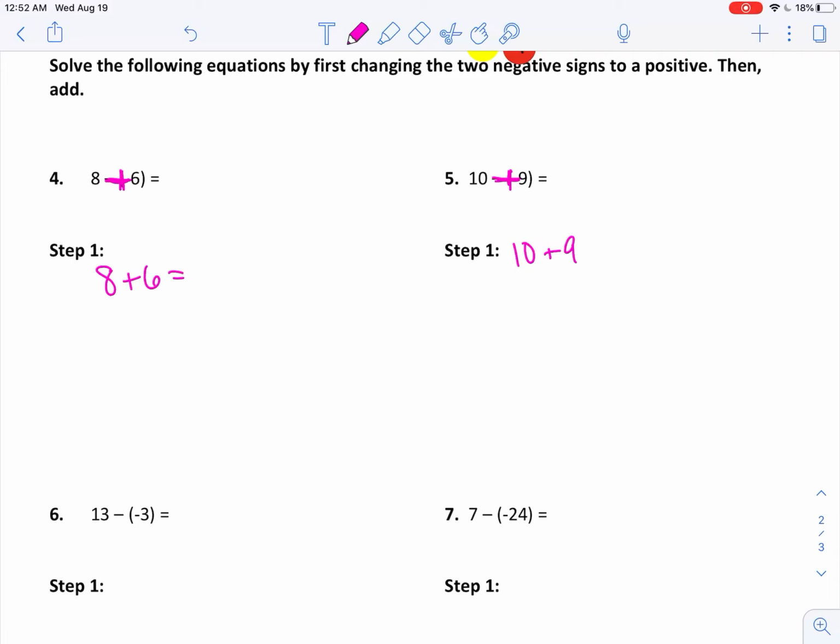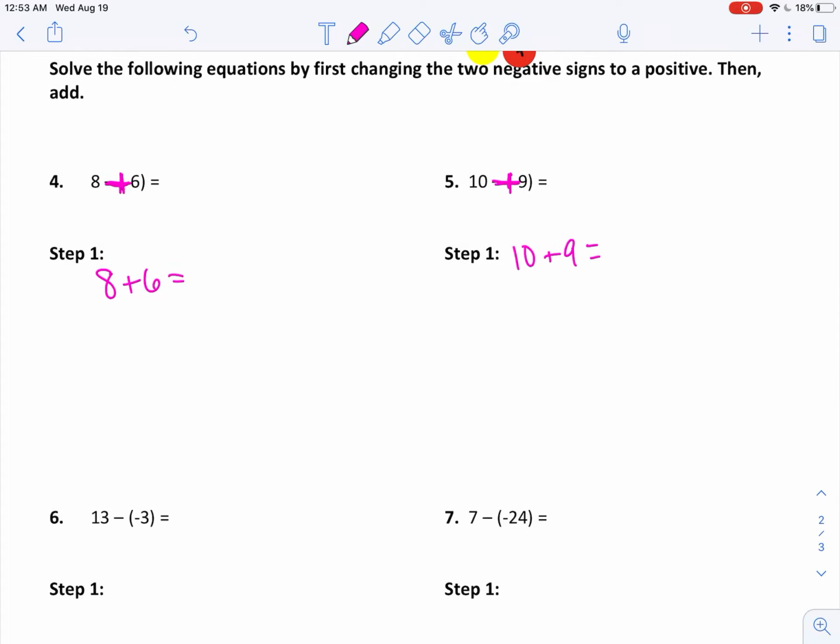The opposite of a negative is a positive. So the opposite of negative 9, or if I'm taking away negative 9, it's really like having 10 plus 9. So that's our step 1. And then for step 2, I'm just going to show 8 plus 6 is 14. And 10 plus 9 is 19.